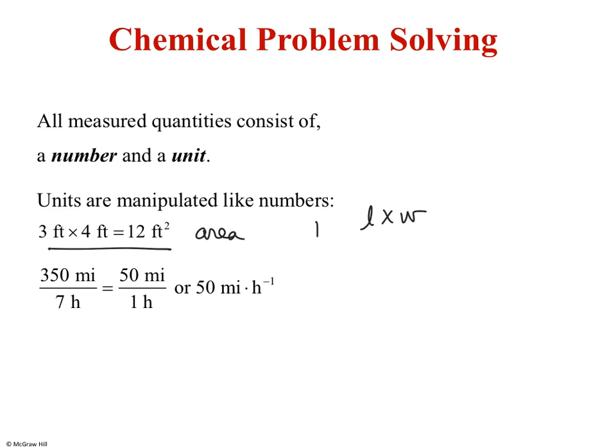Okay, so length times width is the area in this space here. So if you have something that's 3 feet and this is 4 feet, then 3 feet by 4 feet equal 3 times 4 is 12, but then you also have to do the same thing with the unit. Feet times feet is feet squared.